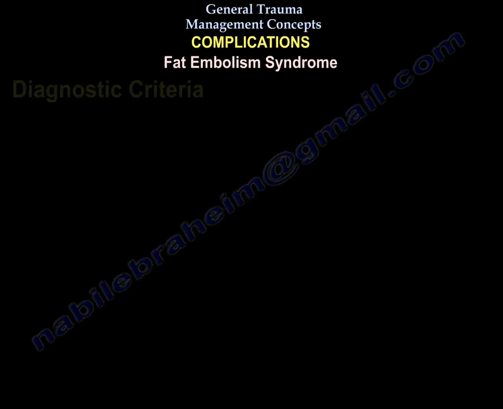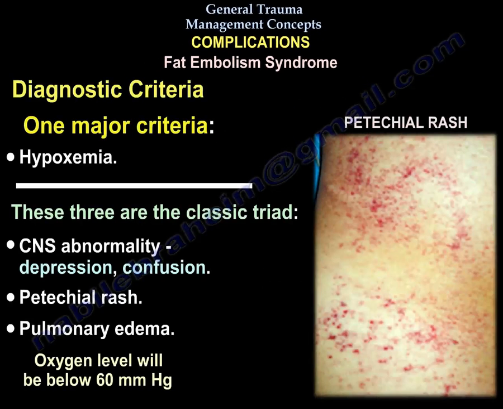How to diagnose it? You need to have one major criterion: hypoxemia, CNS depression and confusion, petechial rash, pulmonary edema. The last three are called the classic triad. The oxygen level will be below 60.